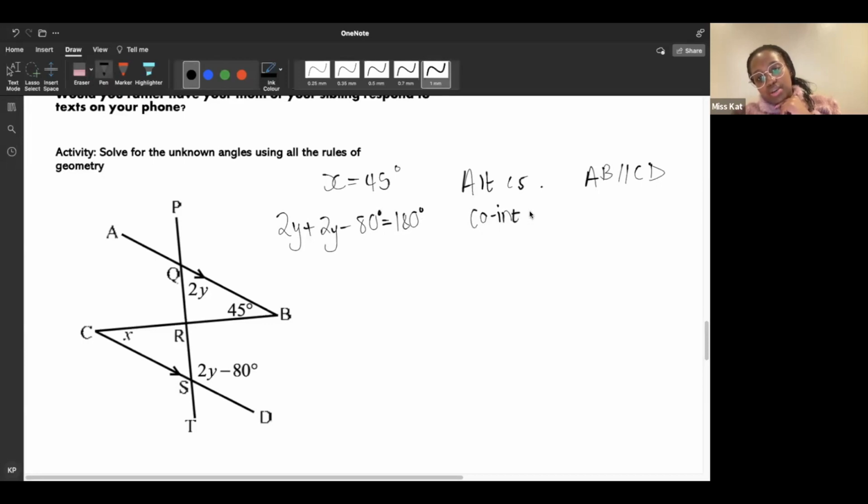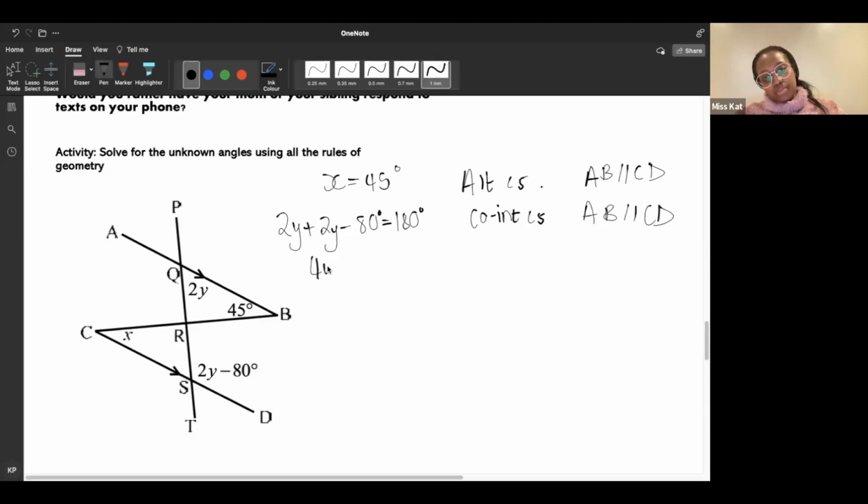Co-interior angles, and it's still AB parallel to CD. Now let's solve it. 2y plus 2y equals 4y.